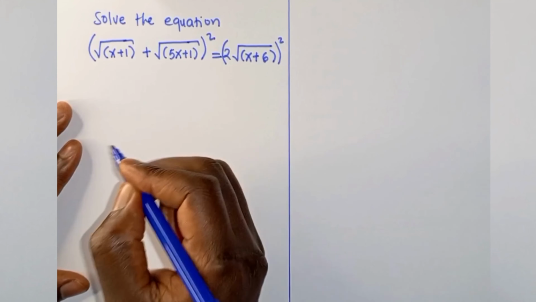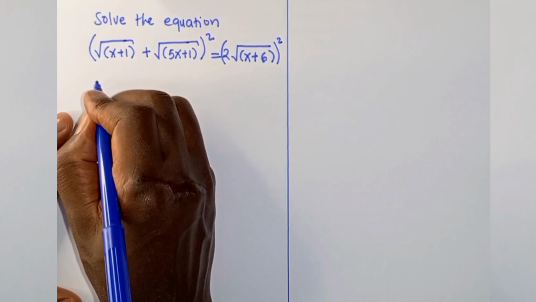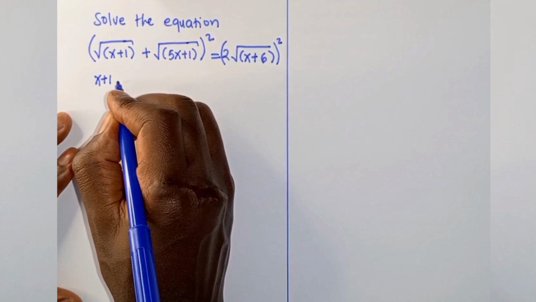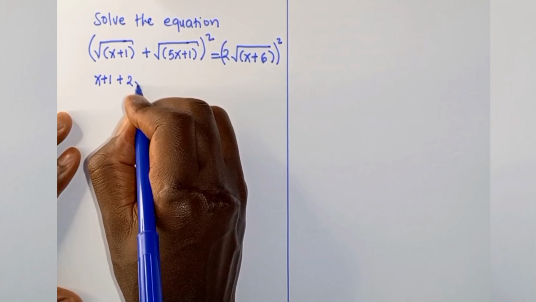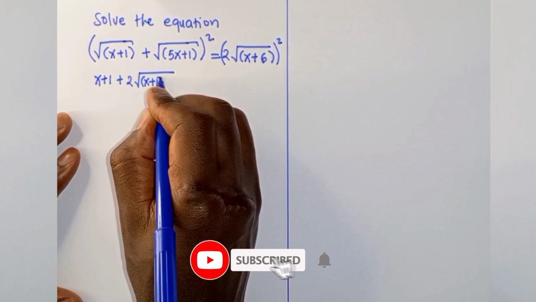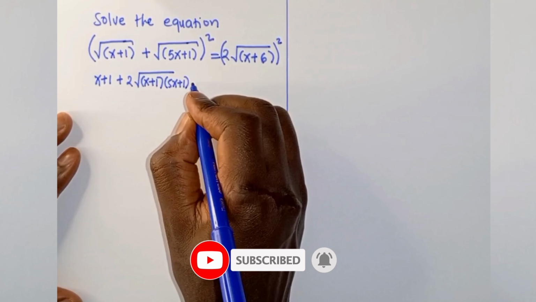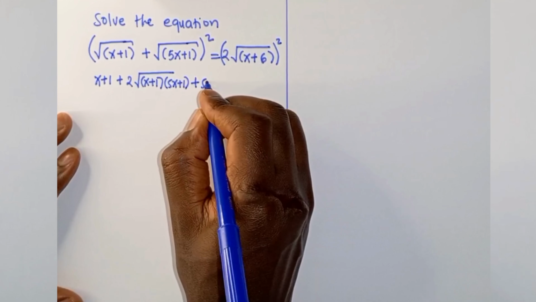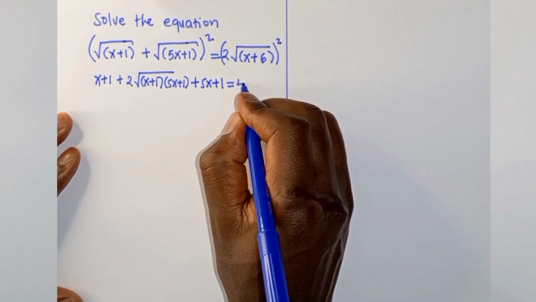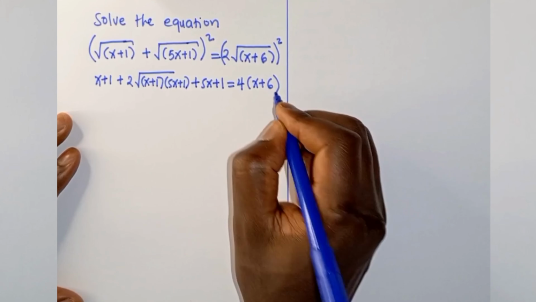Now when you square both sides and expand, you realize that you'll have x plus 1 and then plus 2 square root of (x plus 1) into (5x plus 1), plus 5x plus 1 is equal to 4 into (x plus 6).